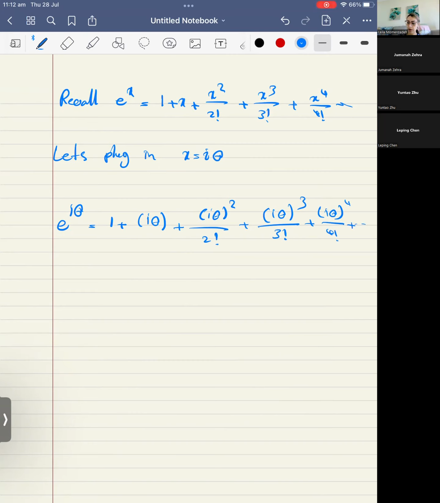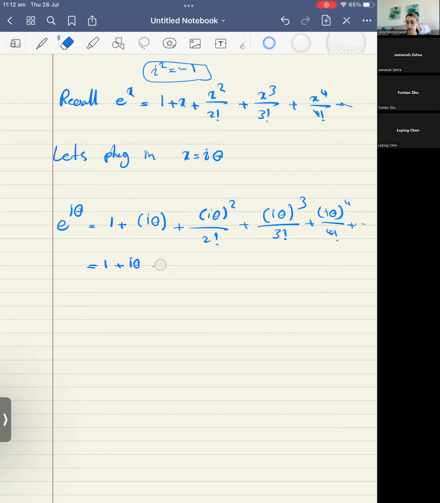So now I can write this one equal 1 plus i theta plus, okay, you know that from the complex numbers i squared is equal minus 1, yes, i squared is equal minus 1 from the complex numbers, you know that one.